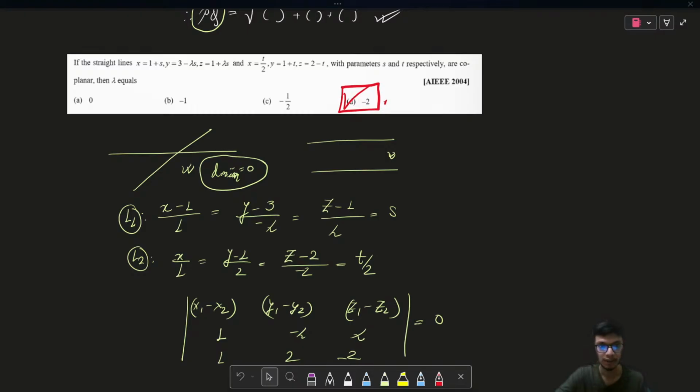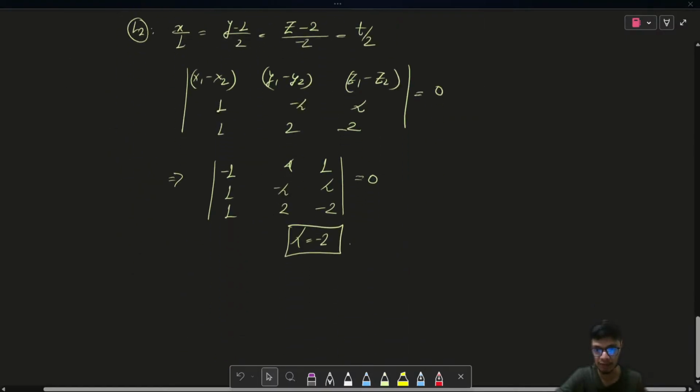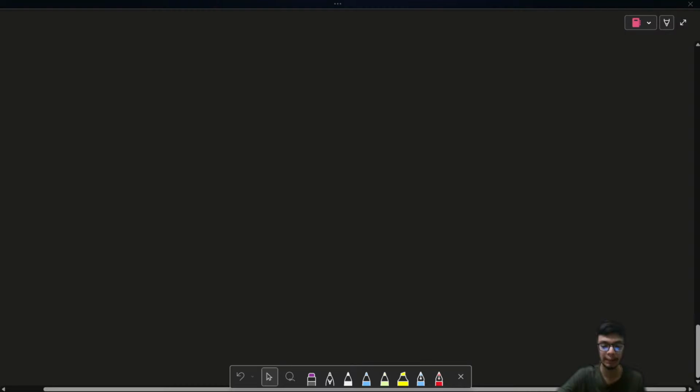So let us start. As of the last class, you already got an idea when we were proving the results for two straight lines to be coplanar, right? Two straight lines to be coplanar basically means that two straight lines lie on a plane. So let us now discuss what we actually mean by plane, right?